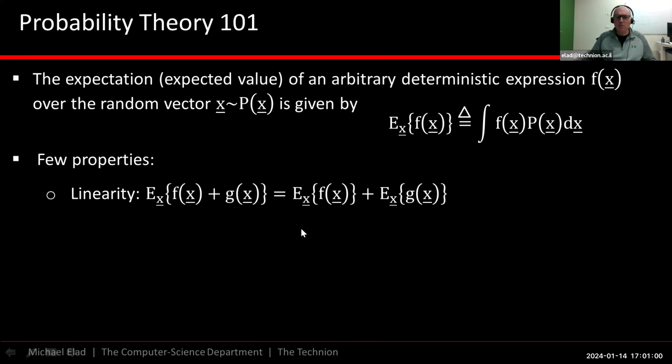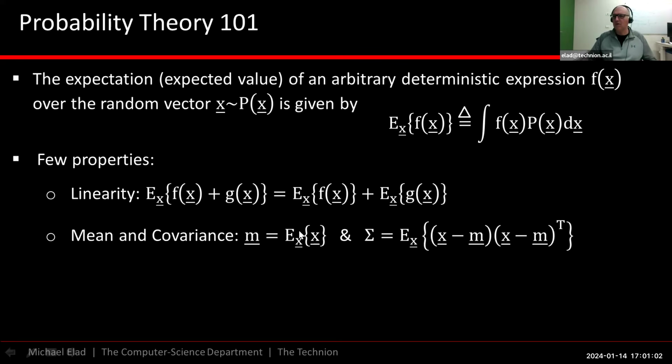And you are most familiar with two expectations that we use very often, the mean of a distribution, which is simply expectation over x itself, and the covariance, which is the expectation of this multiplication. You take the vector minus its mean, multiplied by the transpose of the same thing, and if you do the expectation, you end up with a matrix that is the covariance.